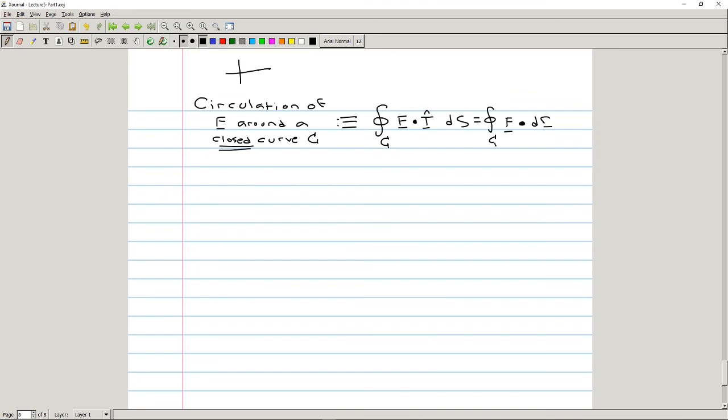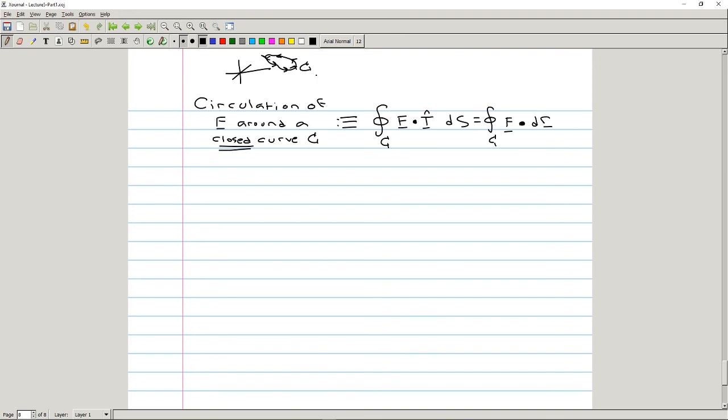This value, if you calculate it, gives you a direct measurement of how much this vector field is rotating with this curve C, or tangent to this curve C. That's exactly what this integral is giving you a measurement of.